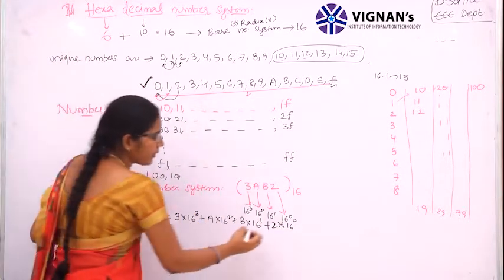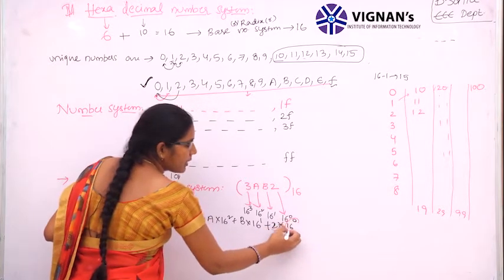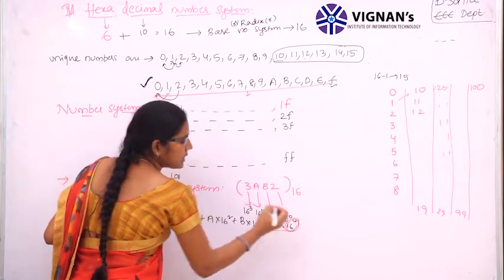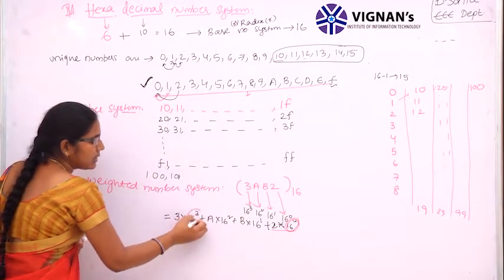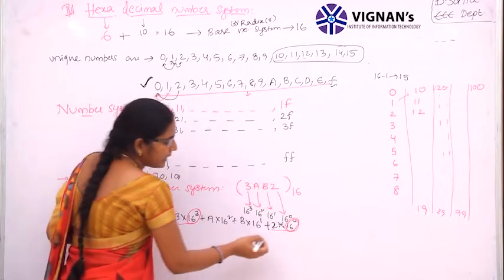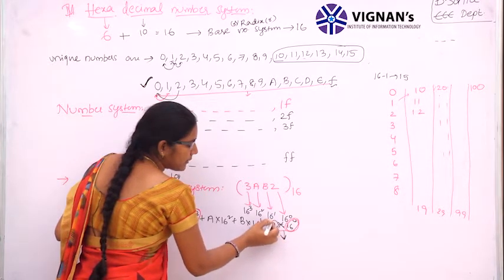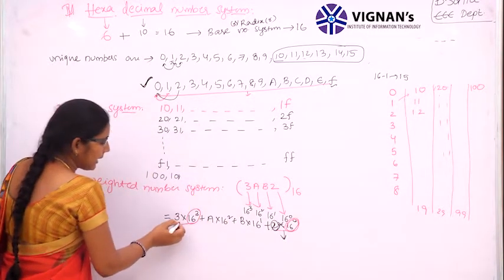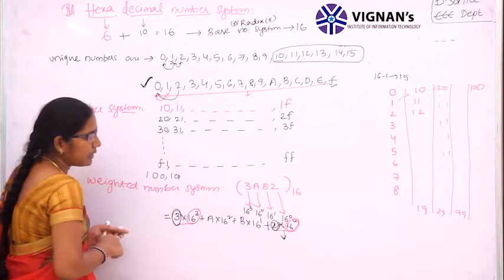If you observe, the rightmost bit is multiplied with 16 power 0, but the leftmost is multiplied with 16 power 3. So from this I can say that the significance of this bit 2 is less compared to the significance of this digit 3.